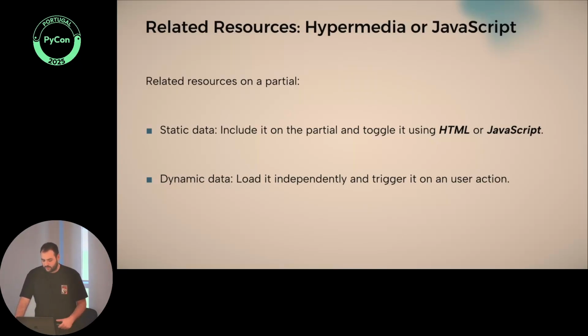Some people just like to wait for it and request it from the server. My take here is, if you have static data such as a confirm action, just include it and toggle it with HTML or JavaScript. If you have dynamic data such as a search input that shows a dropdown, you'll need to fetch it from the server, so wait for that moment to fetch the data and display the item from the server.